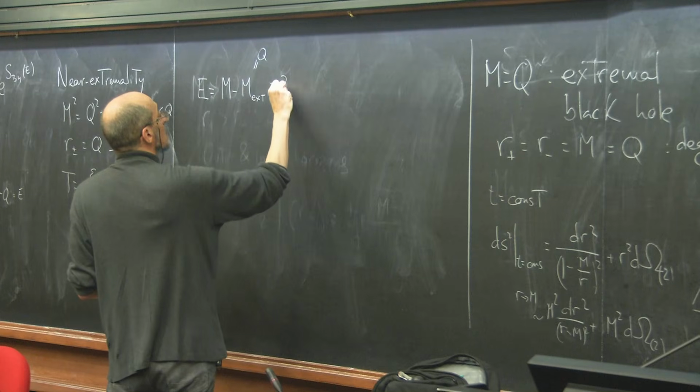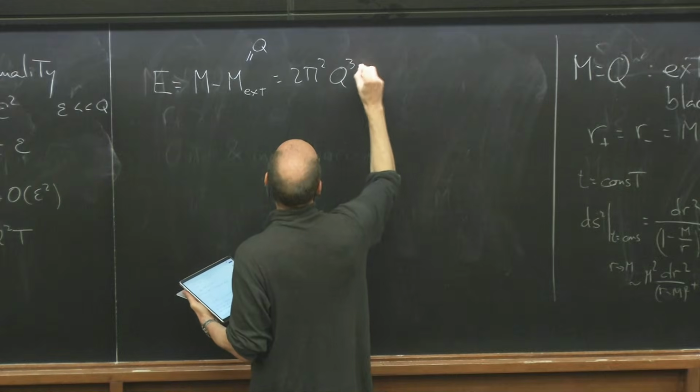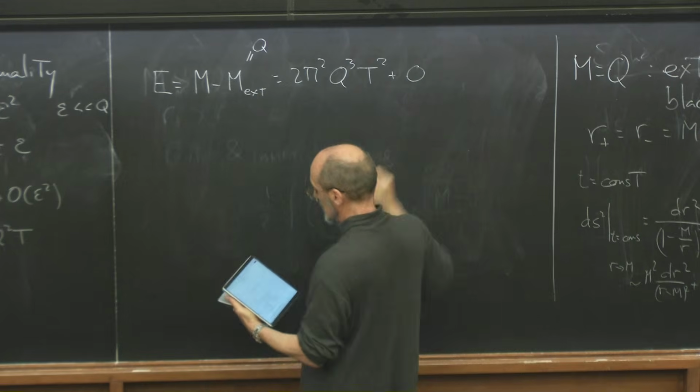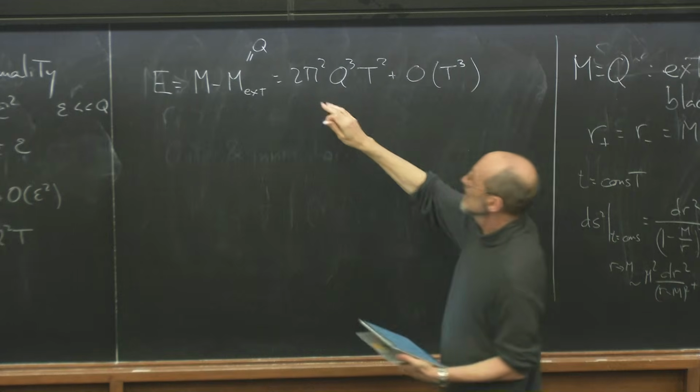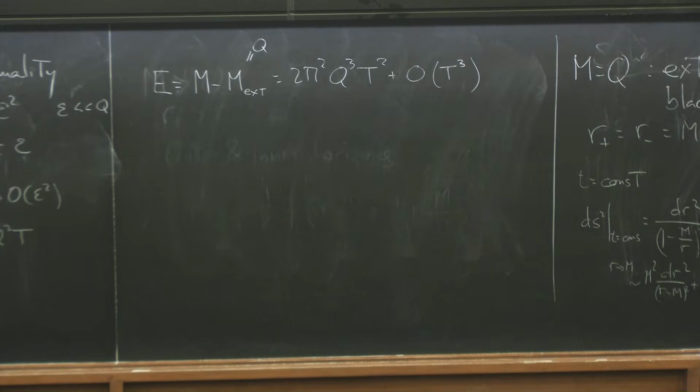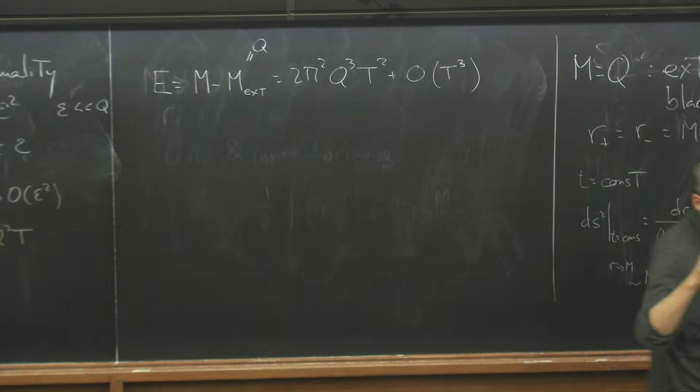So this is how the energy behaves as a function of the temperature when we're close to extremality. And this is the energy above the ground state, okay? The minimum energy state.